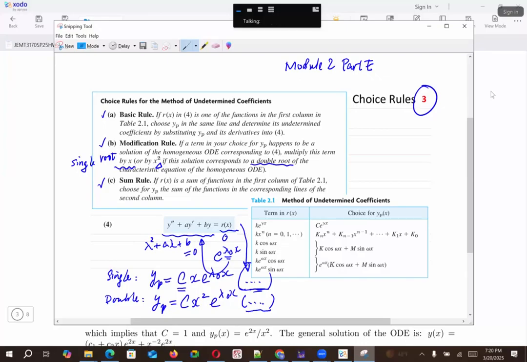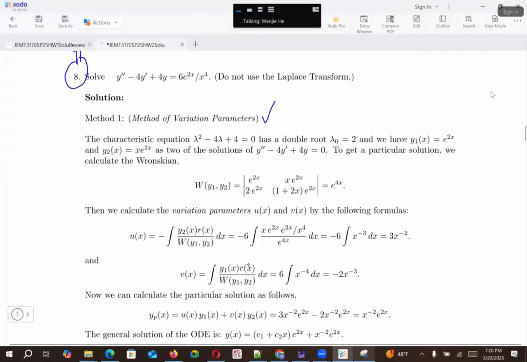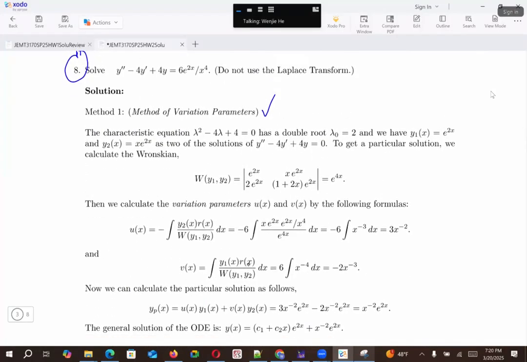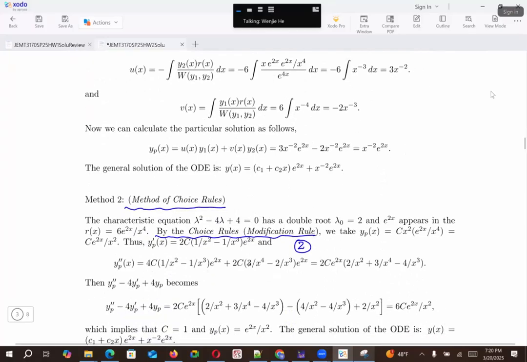This question, the characteristic equation, and this R of x. Our y0, this is a double root, because this equals (r minus 2) squared equals 0.